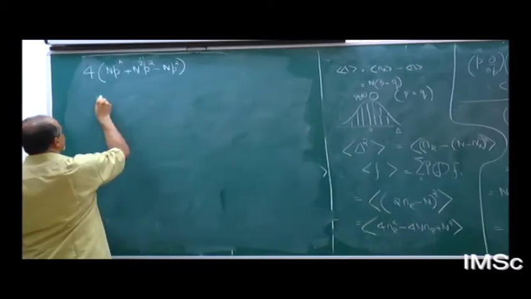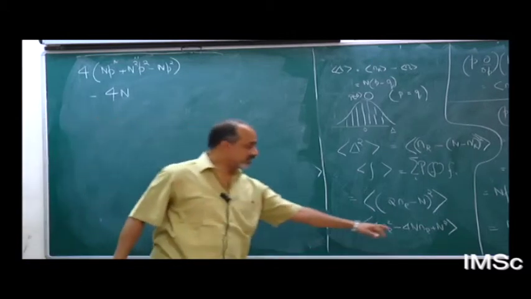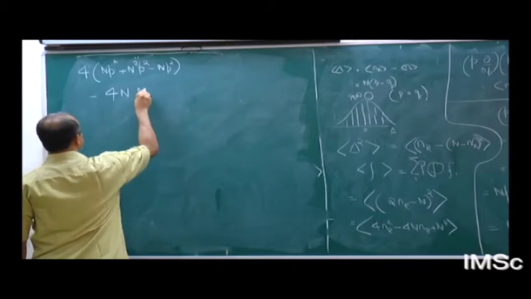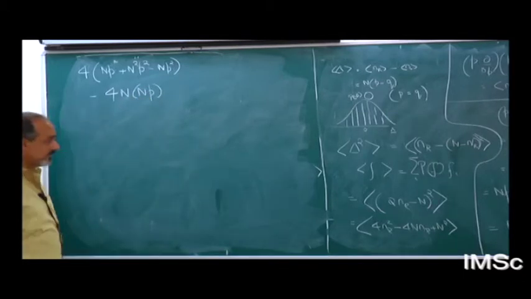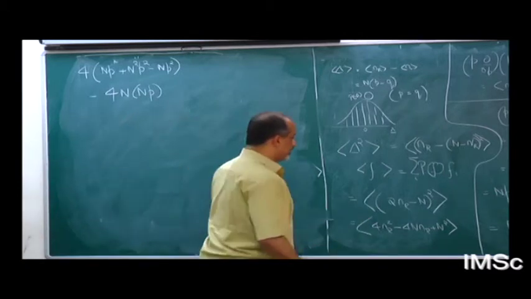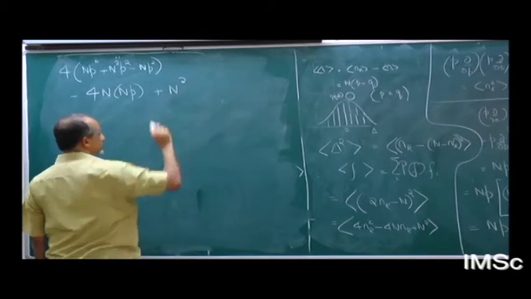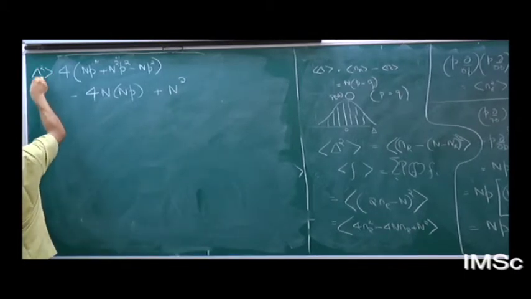So that becomes minus 4 times n times the average of nr, which we just calculated. The average of nr was n times p, if you remember. The last term is just the plus n squared. So this is the average value of delta squared.